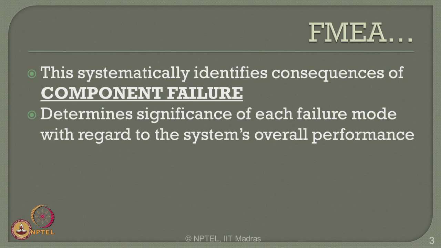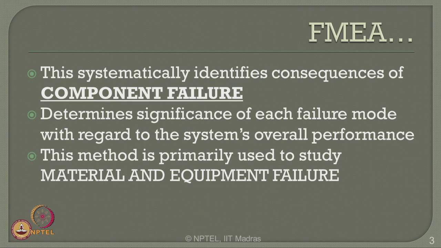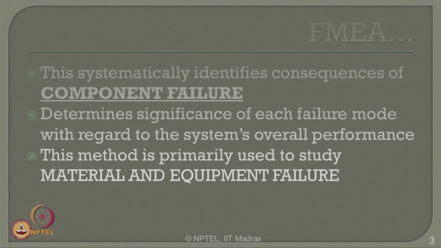So, this study should give you the consequences in hierarchy of failure modes of component levels in a given complex mechanical or electrical system. This method is primarily used to study material and equipment failure.